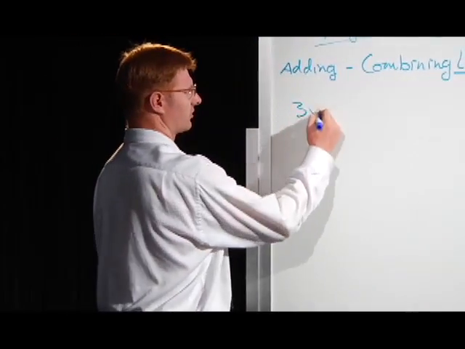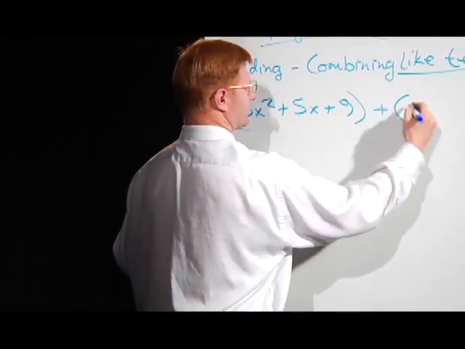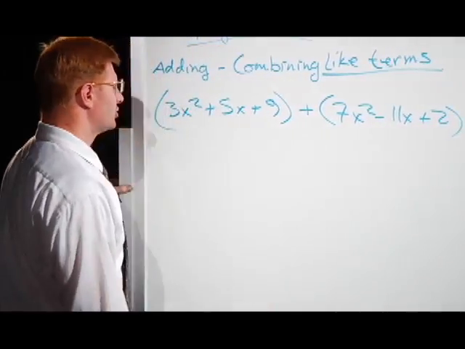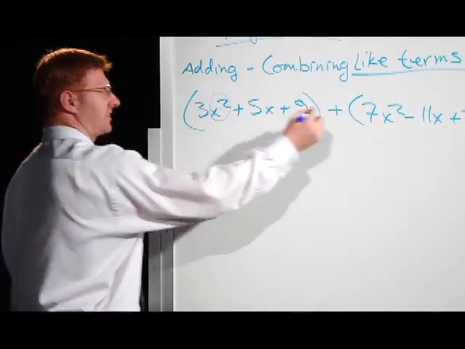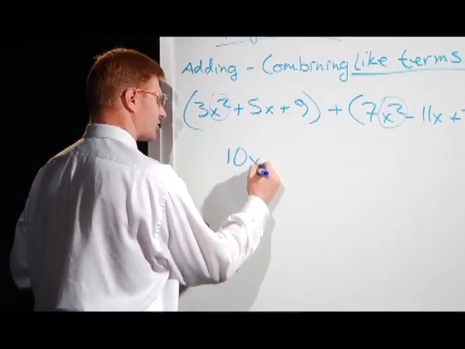So when you're doing 3x squared plus 5x plus 9, and you are adding that to 7x squared minus 11x plus 2, they should note that these are the things that are being added. You have 3x squared and 7x squared, that's 10x squared.